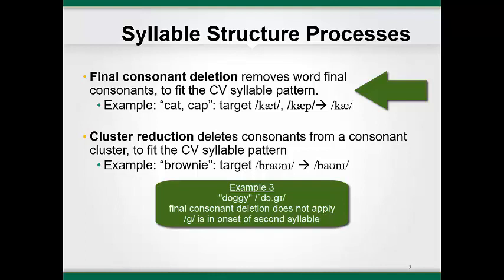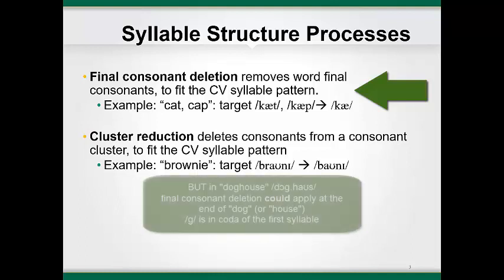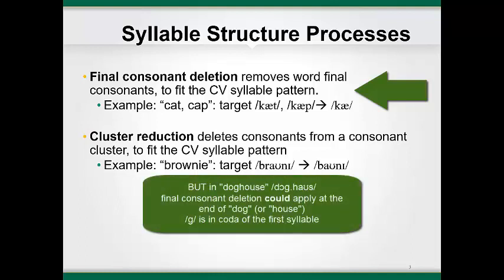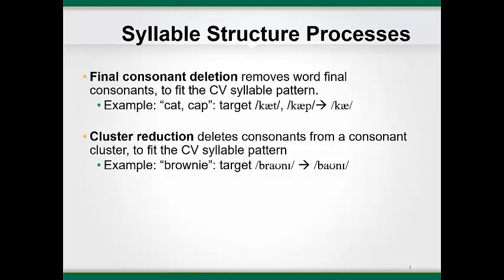For example, the final consonant deletion process probably would not apply in the word doggy because the g would be in the onset of the second syllable. Listen, doggy. But the process could apply in a word like doghouse because the g is in the coda of the first syllable in doghouse, dog house.